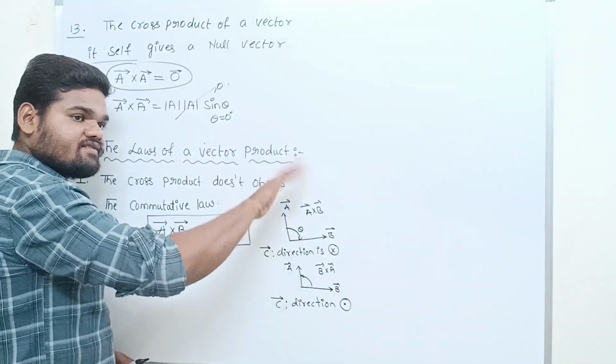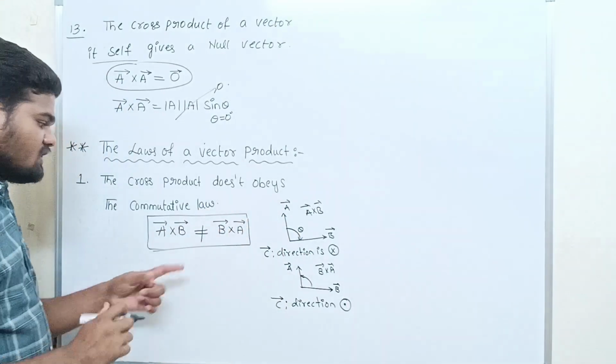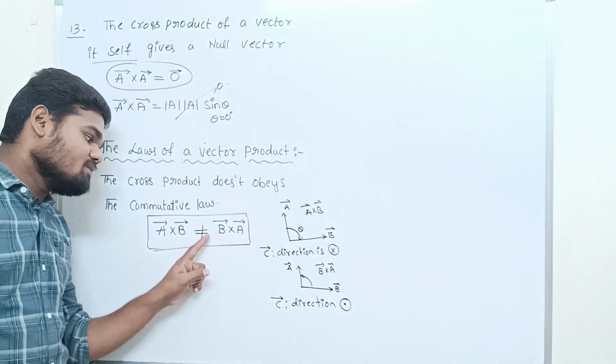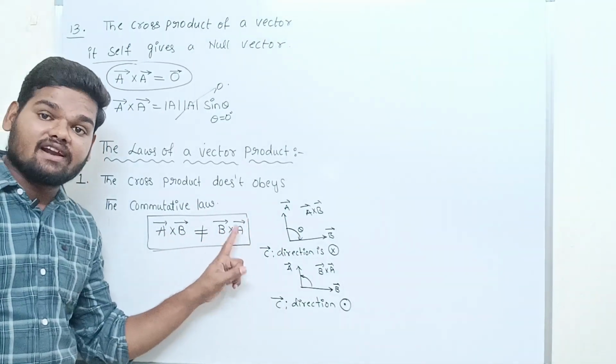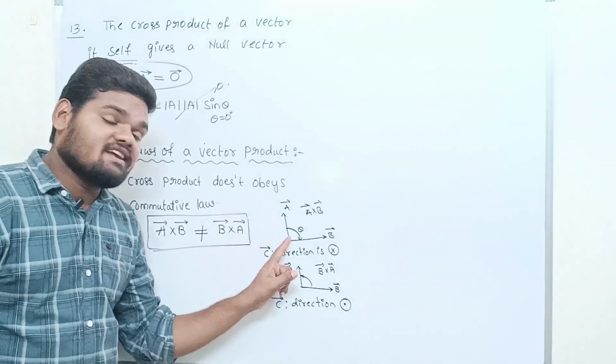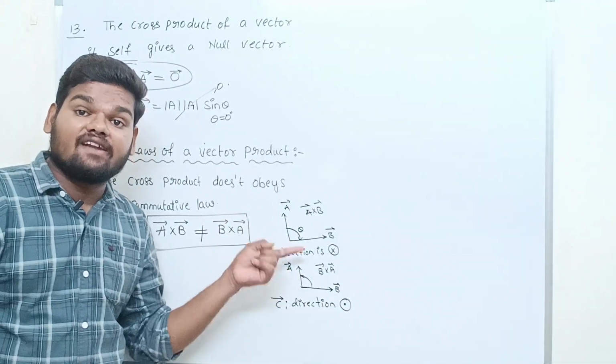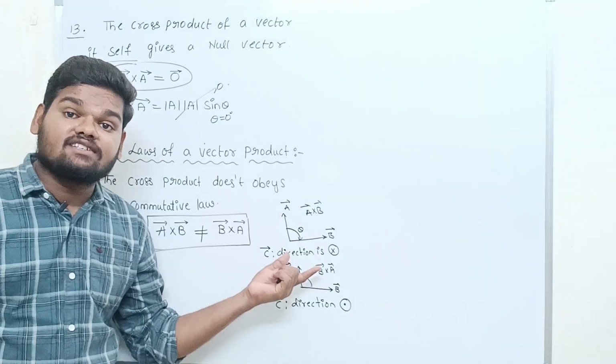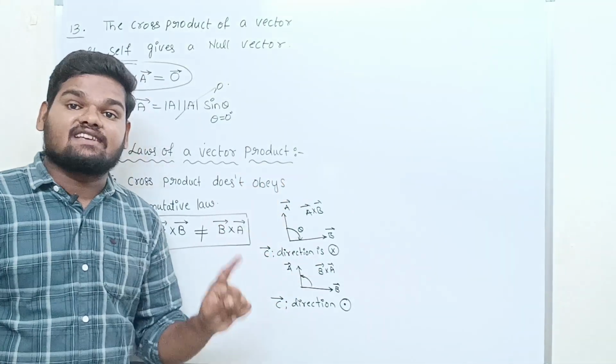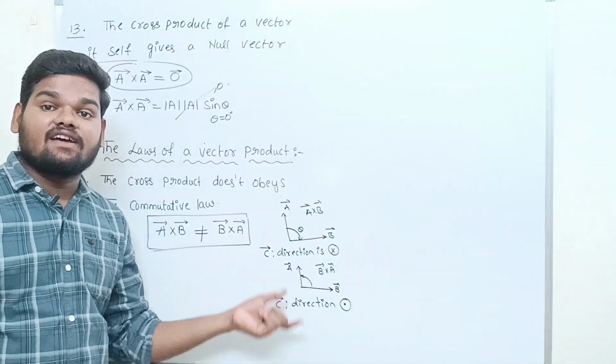Here, the direction of the c bar vector was into the plane of the board. So that's why a bar cross b bar does not equal b bar cross a bar: the direction of the resultant vector changes, and if the direction changes, then the sign of the resultant vector changes.